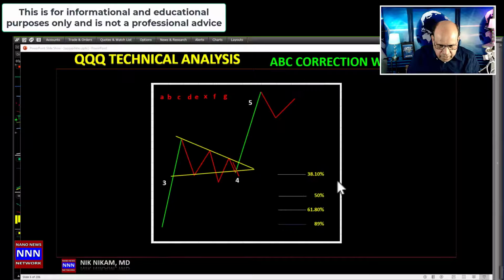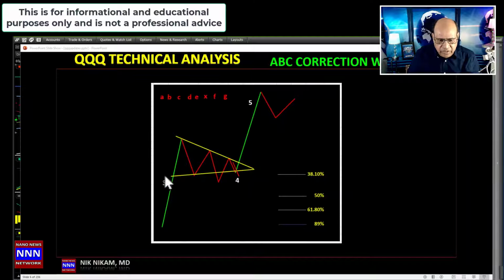All right. And another form of correction is called a triangle. A triangle is basically A, B, C, D, E. You got it? A, B, C, D, E, and it forms a triangle.